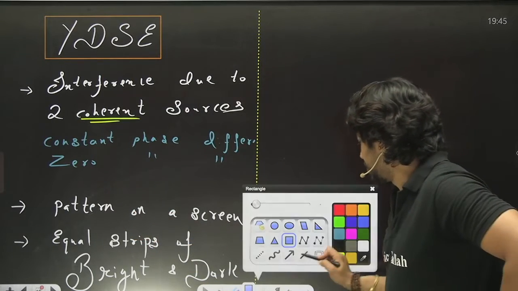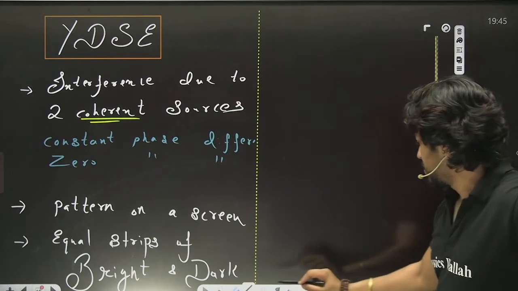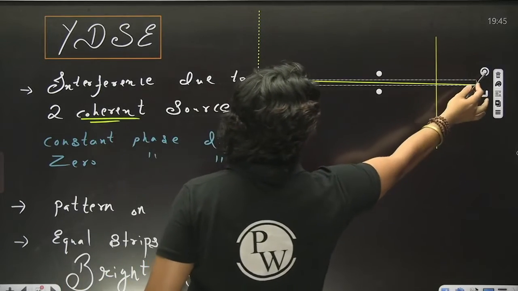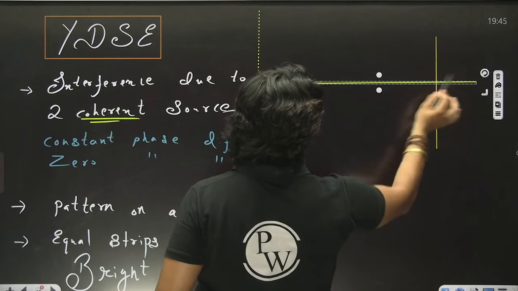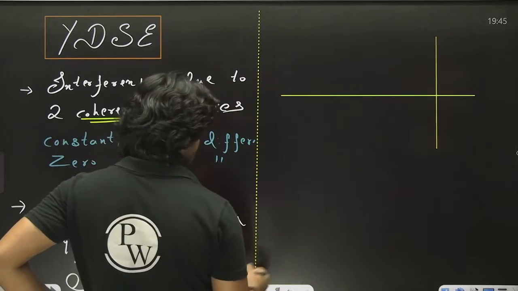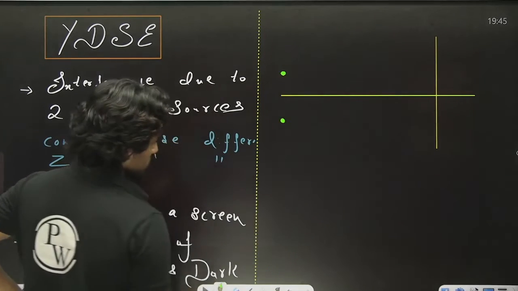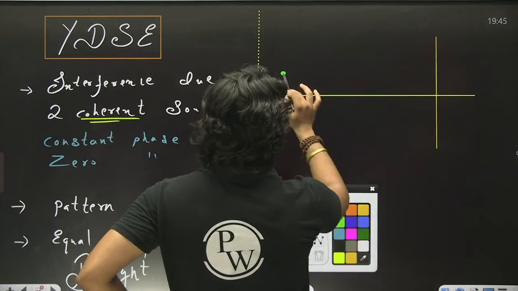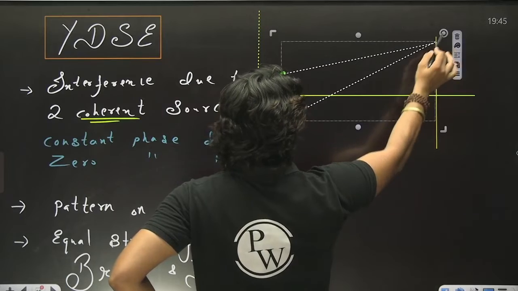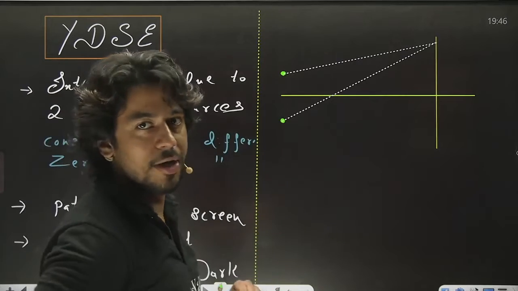So what does the setup look like? The setup looks somewhat like this. Let's say these are the two coherent sources. Different locations correspond to maxima and minima.